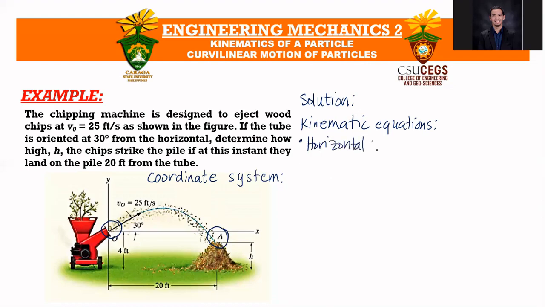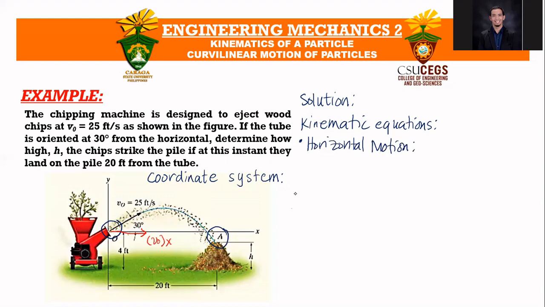So that is acting along the x-axis. So for the horizontal motion, on the initial point, ang ihang Vox is this one. So kailangan nato i-resolve ang initial velocity with its x component, so that is Vox.